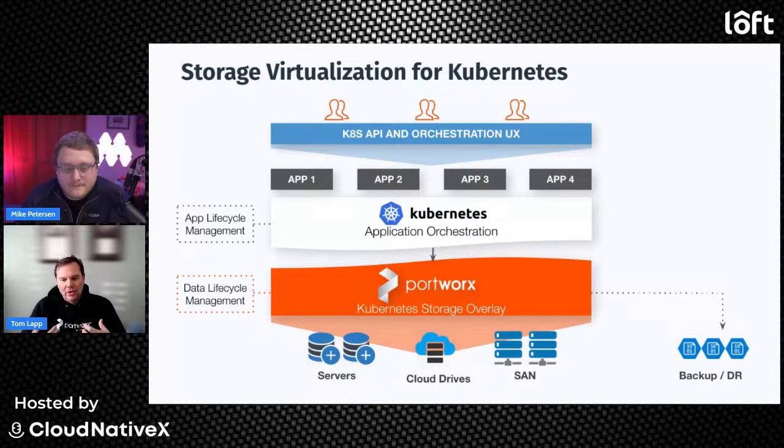So we're able to consume lots of different storage devices, whether it's a legacy SAN or, if you're in the hyperscalers, the block devices that they provide. And we add that layer of orchestration and scalability to your Kubernetes clusters. What Kubernetes brings to the application side, we bring to the storage side.